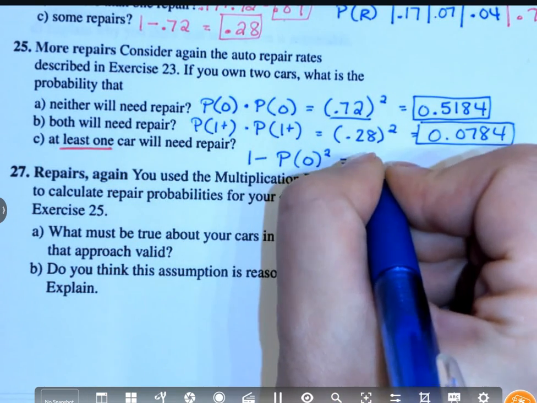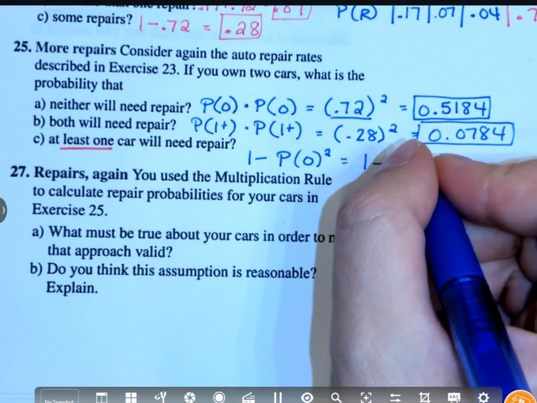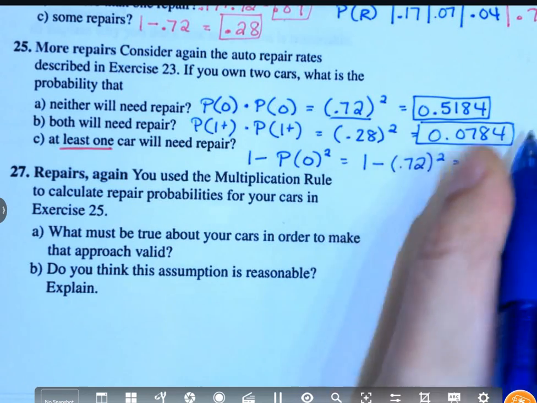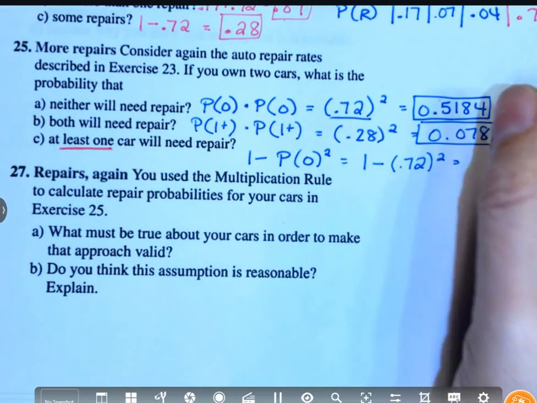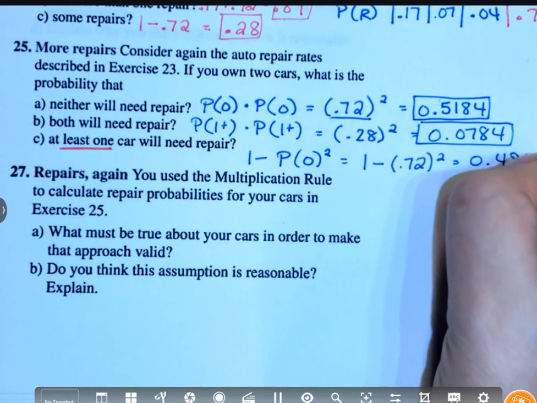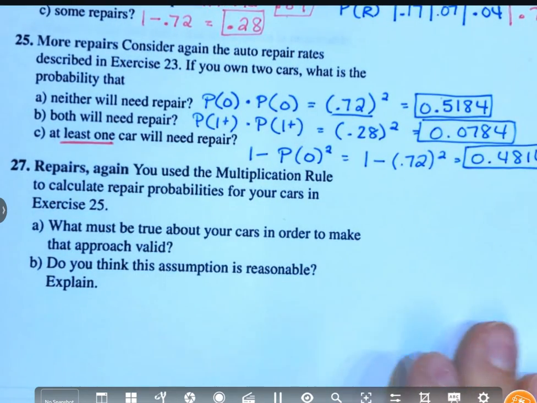So I'm going to do 1 minus the probability of not needing a car repaired was what? 0.72. And you could have just said 1 minus this because that work was already done. And what do you get? Good. Very nice.